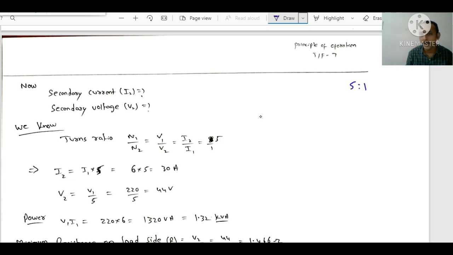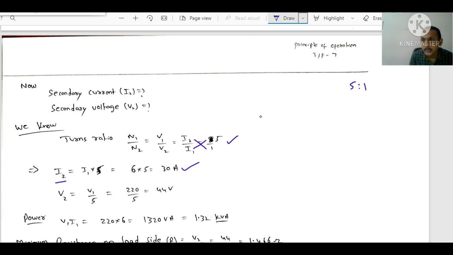Its meaning is 5 divided by 1. So far clear? Now we want I2. I2 will be simply I1 into 5, you just cross multiply. So your secondary current I2 will be 30 amps.